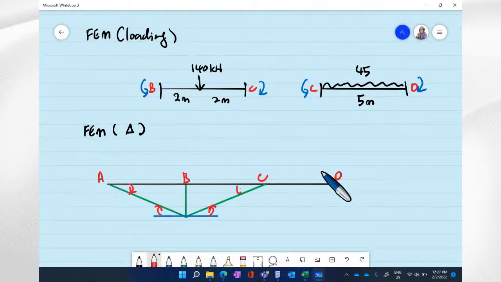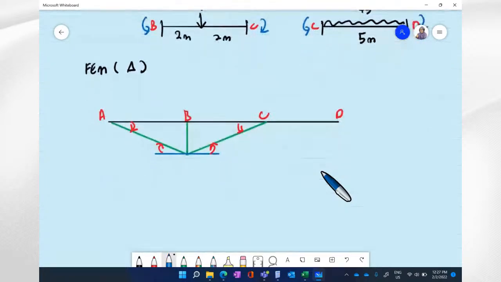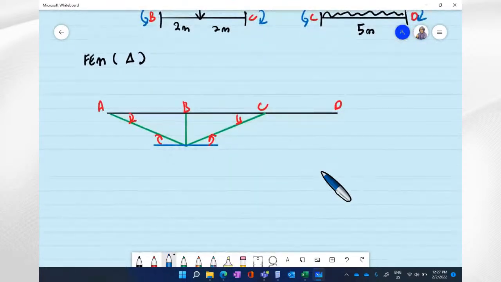Member AB rotates clockwise, and BC rotates counterclockwise.